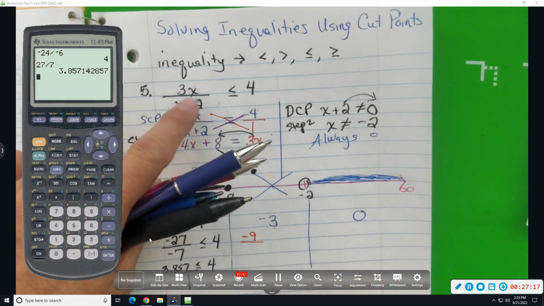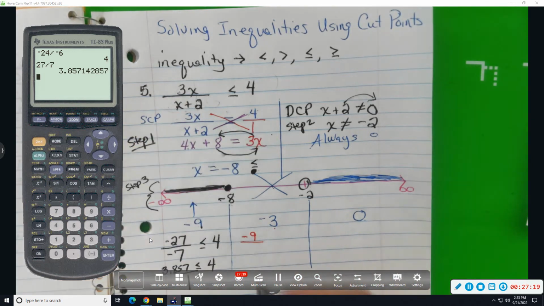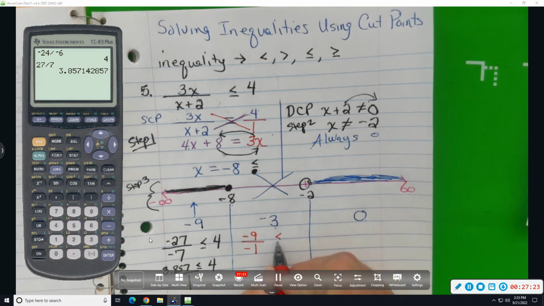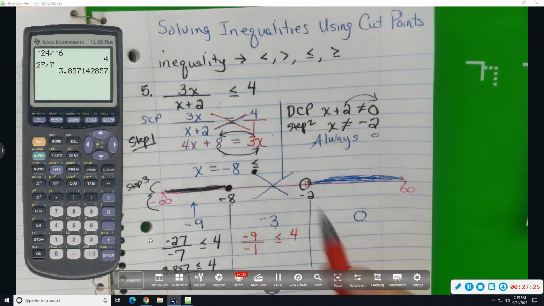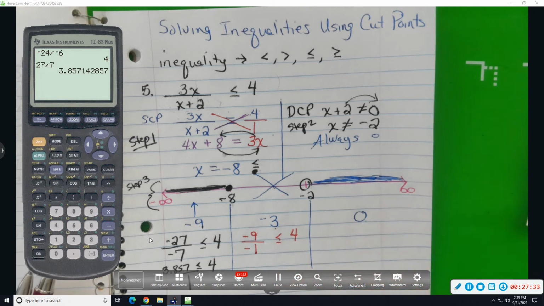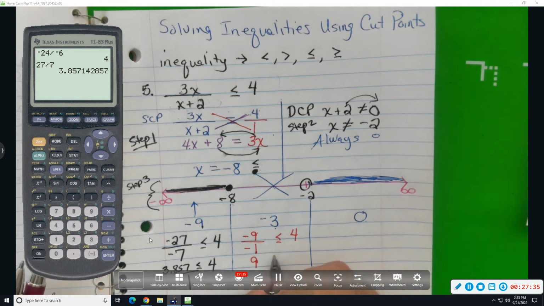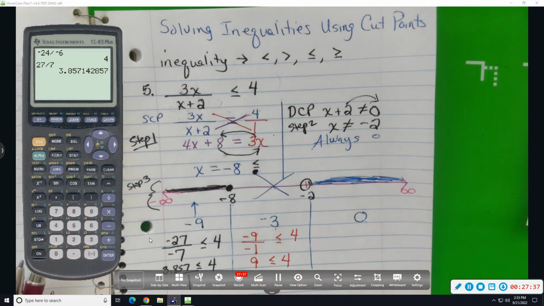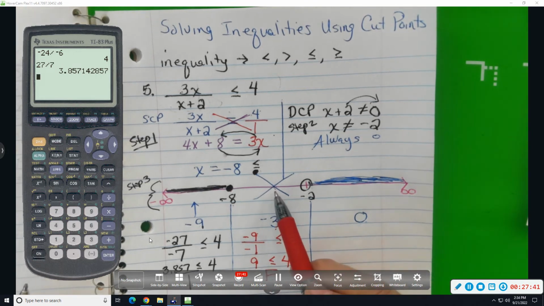Negative 3 plus 2, is that a negative 1? Did I guess right? Is this going to turn out to be a false statement? What's negative 9 divided by negative 1? 9? Mm-hmm. So true or false? False. Okay. And I've guessed false, and I've guessed correctly.